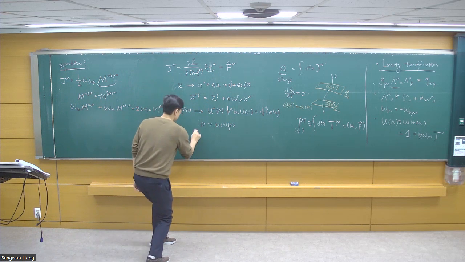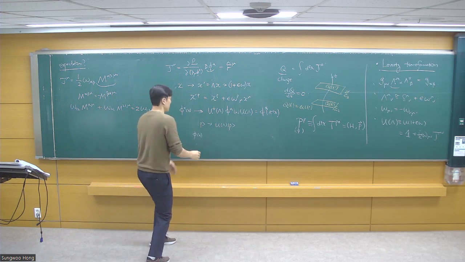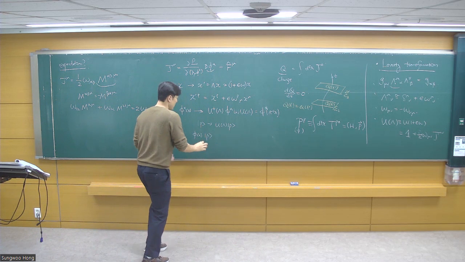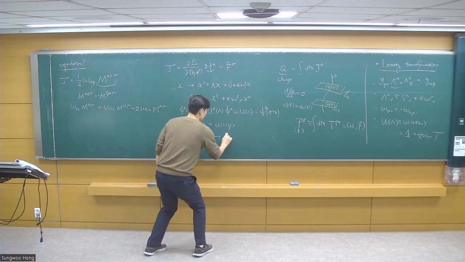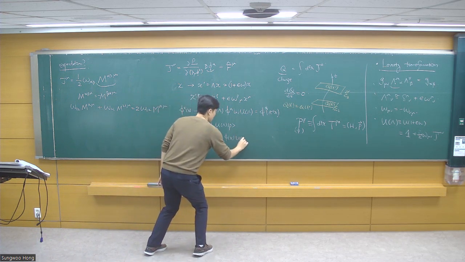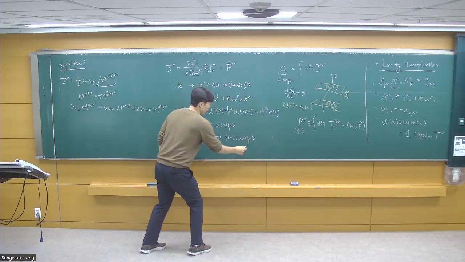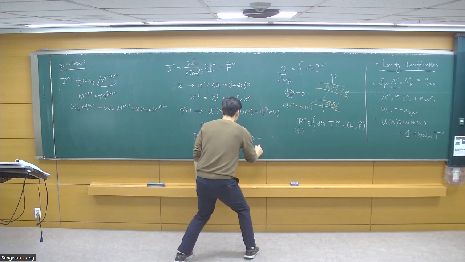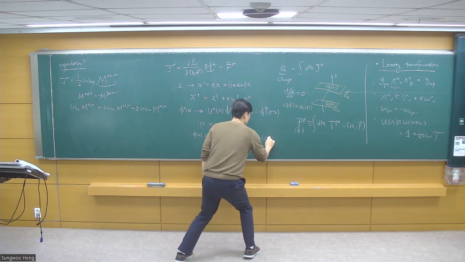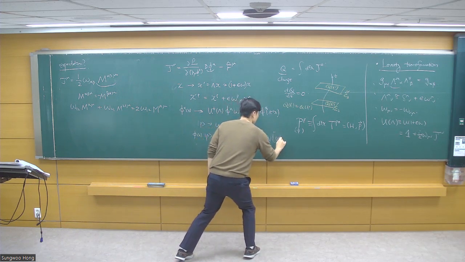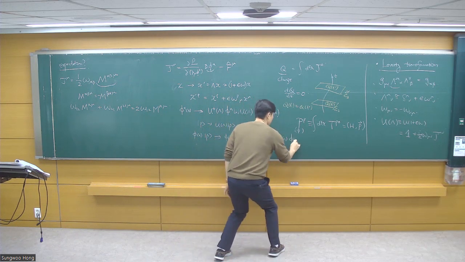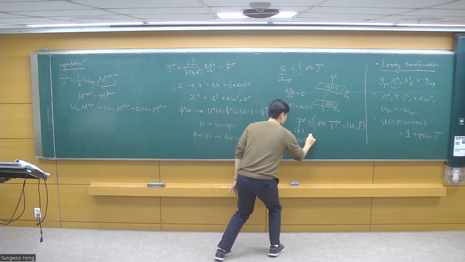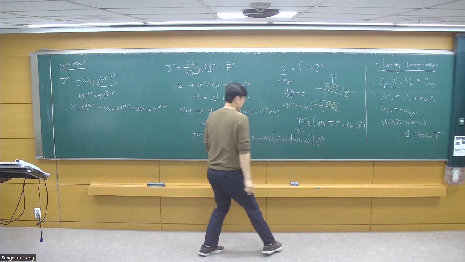So now if I consider acting on some field, it can be this or something else, let's again consider how that acts. So Lorentz transformation acting on the state like that. But then this can be repackaged in terms of U acting on the field phi of x and p.